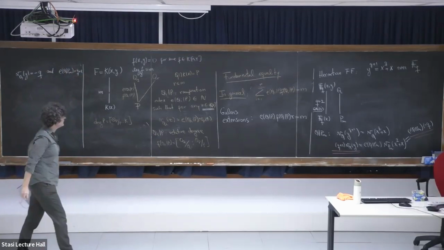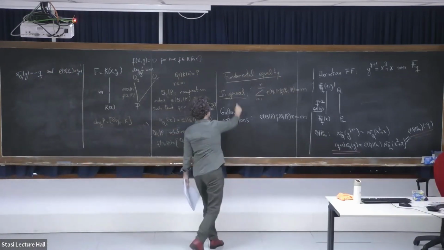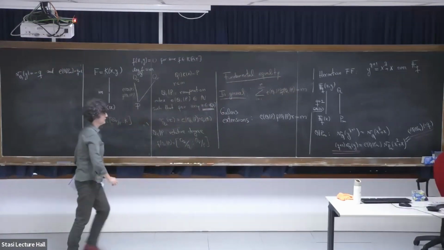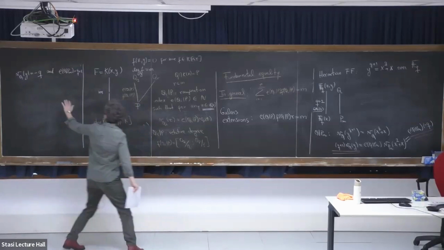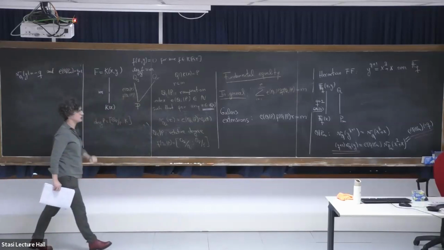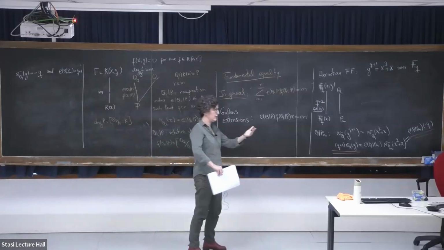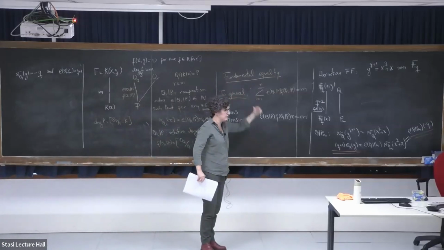Well, and now we have the fundamental equality. Because I already know something: I know the ramification index, but what is the relative degree and how many places do I have over it?